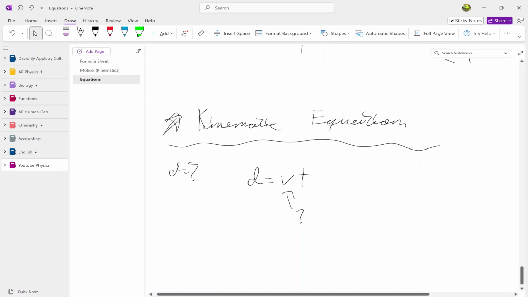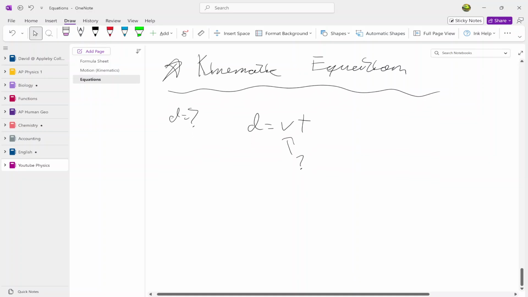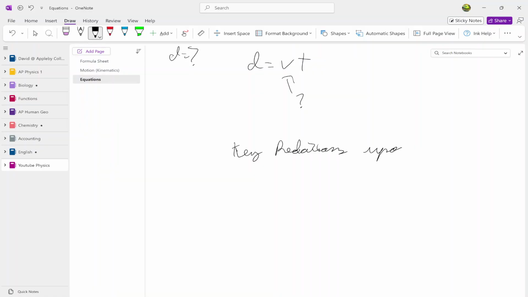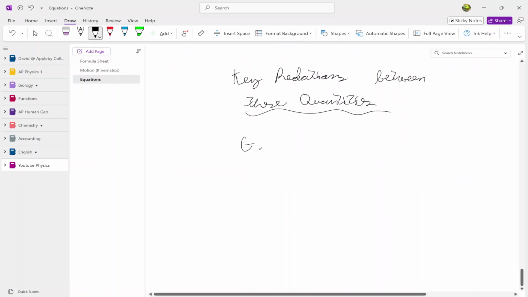Okay, so that's what we'll be covering next video, and also we'll be covering the key relations between these quantities. I'm talking about graphs, and these are a very big factor.